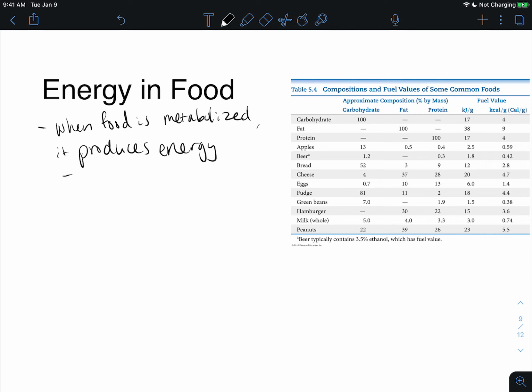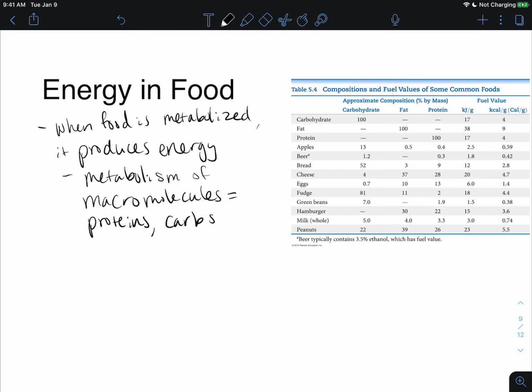The energy itself specifically comes from the metabolism of macromolecules. And our macromolecules are going to be proteins, carbohydrates, and fats.